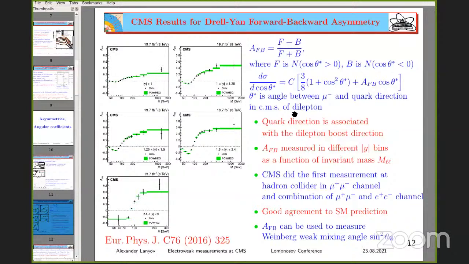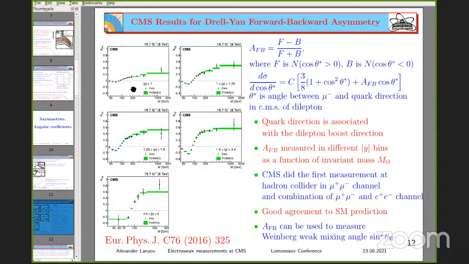There is a special feature of a hadron collider: the quark direction is associated in this analysis with the dilepton boost direction. Therefore there is some dilution at small rapidities, but small dilution at large rapidities.